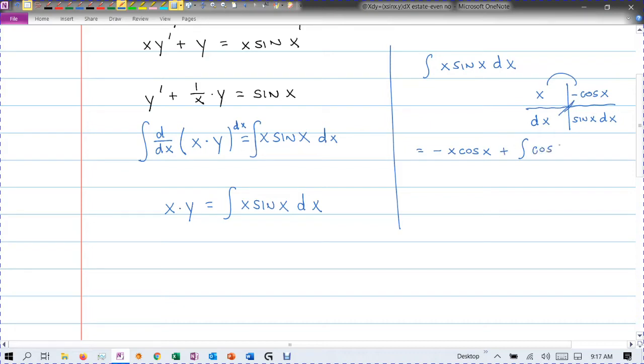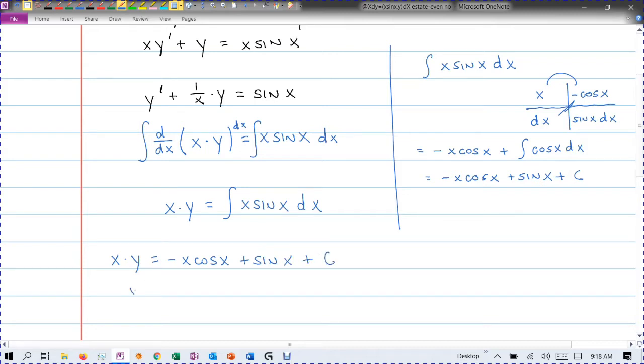This will just be cosine x dx. And so I get negative x cosine x, and then the antiderivative of cosine x is just sine x, plus some constant. So we have x times y equals negative x cosine x plus sine x plus c.